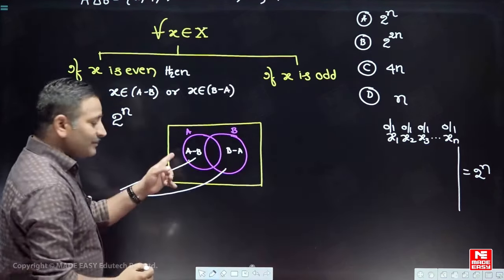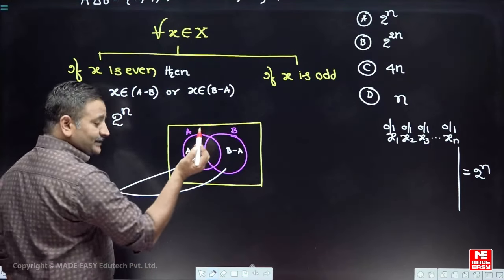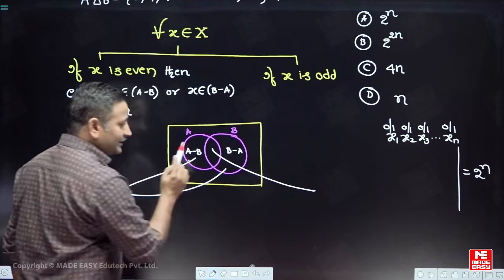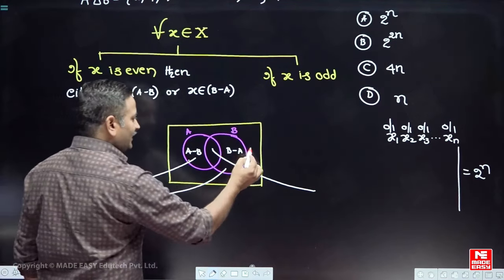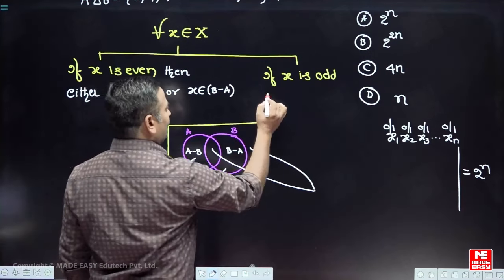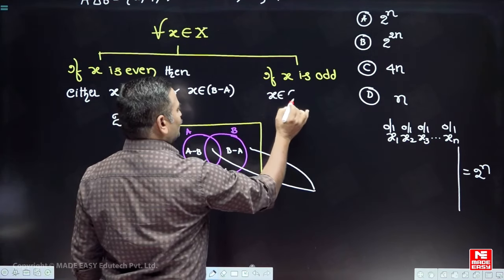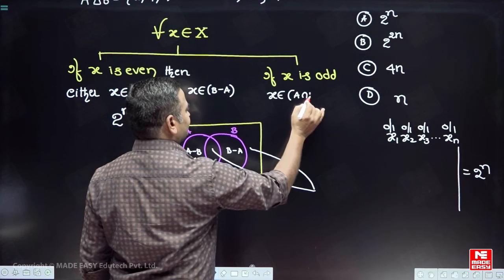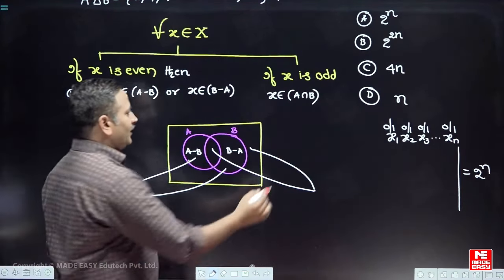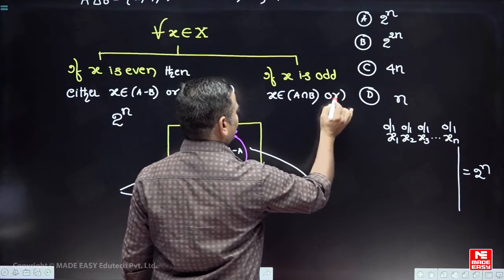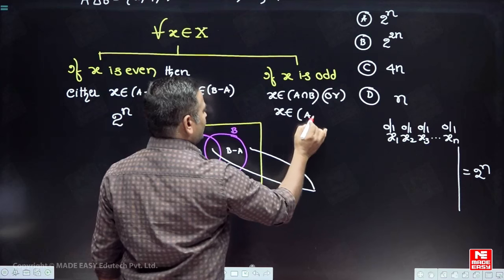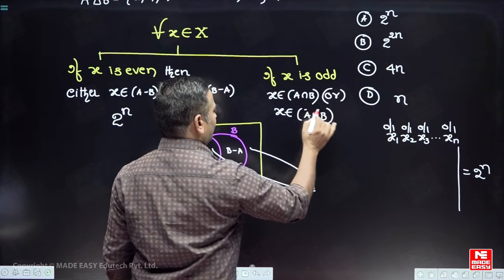So outside of A delta B means, look here, friends. If it is an odd number, it must fall under A intersection B, or it may fall outside of A union B, like this. So if x is an odd number, x belongs to A intersection B, meaning this region, or x belongs to (A union B) complement.